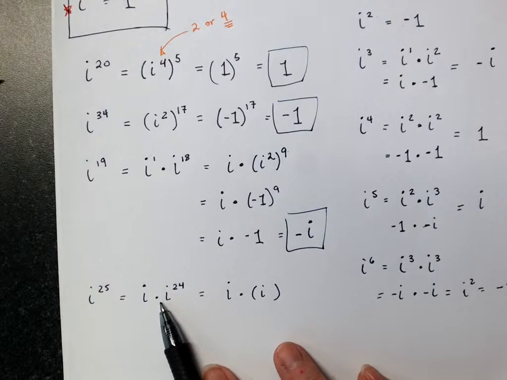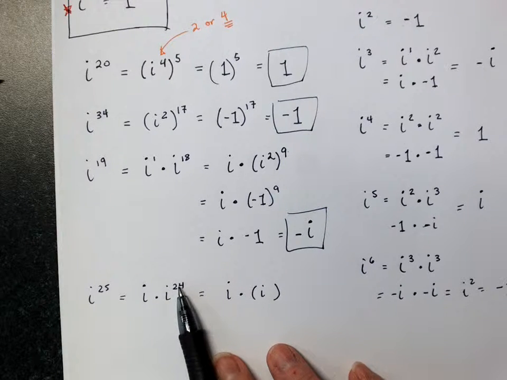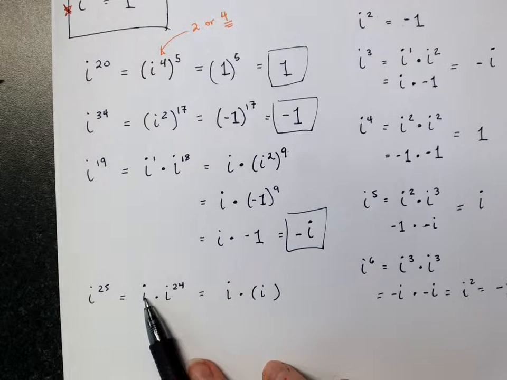So you get an I times I to the 24th. This I to the 24th will determine whether this I stays positive or becomes negative.